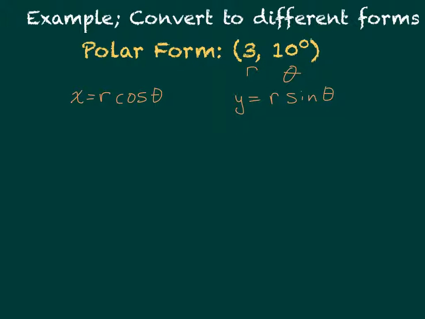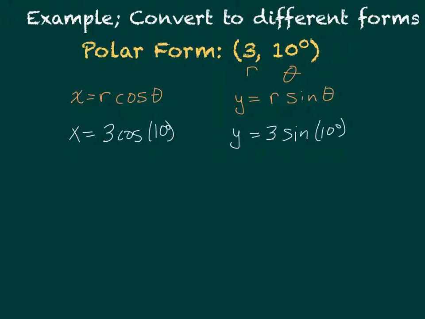So now I just need to plug in what I know. That would be x equals 3 cosine of 10 degrees, and y equals 3 times the sine of 10 degrees.